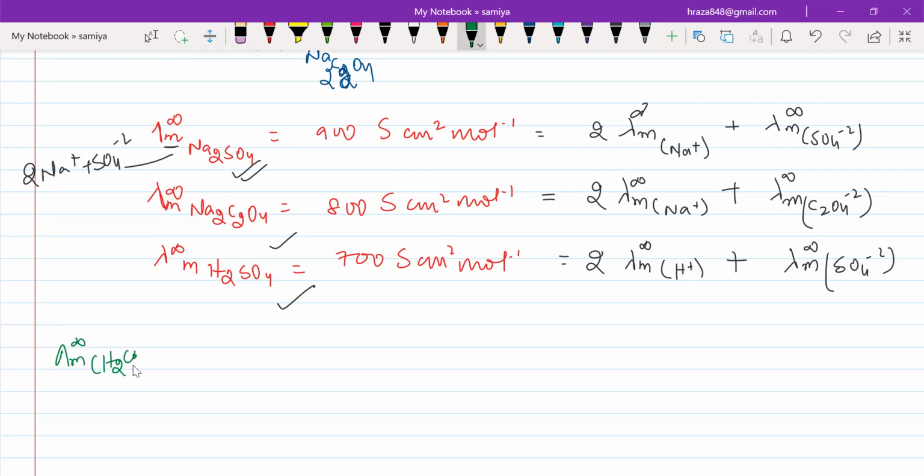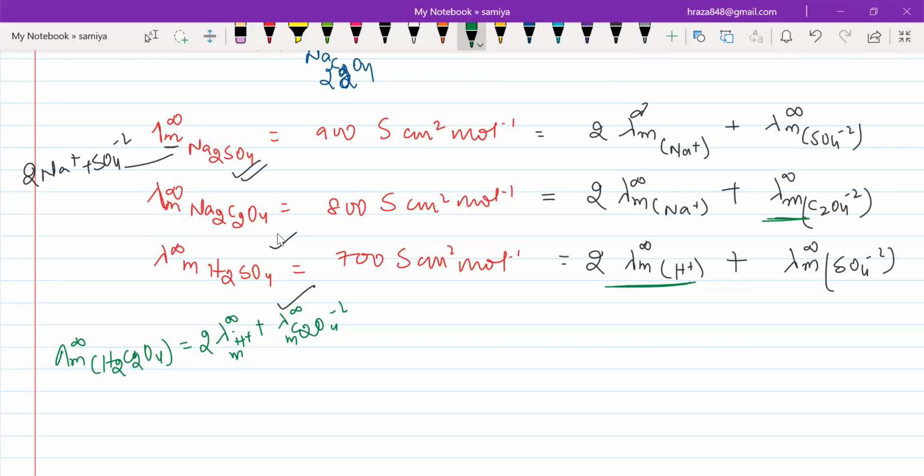Dissociating it, it will be 2 into lambda H plus, plus lambda C2O4 minus 2. Concentrate on this; we need this and this only.